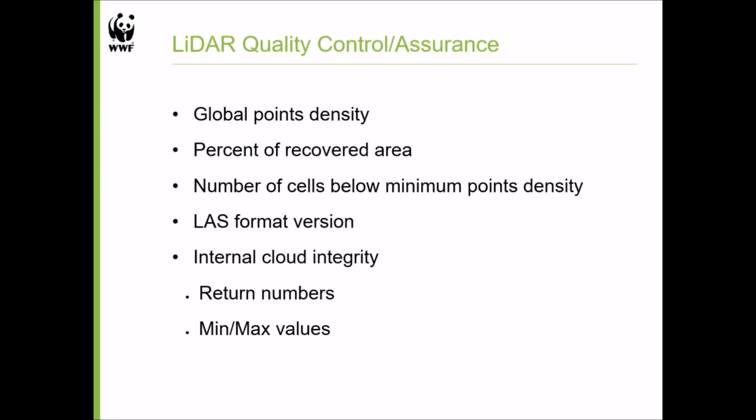One important parameter is the number of cells. You decide, for example, a cell is a 20 meters large square in the cloud. You calculate the points density for each cell, and you specify how many of the cells can have density less than 4 points per square meter, your minimum density, okay?